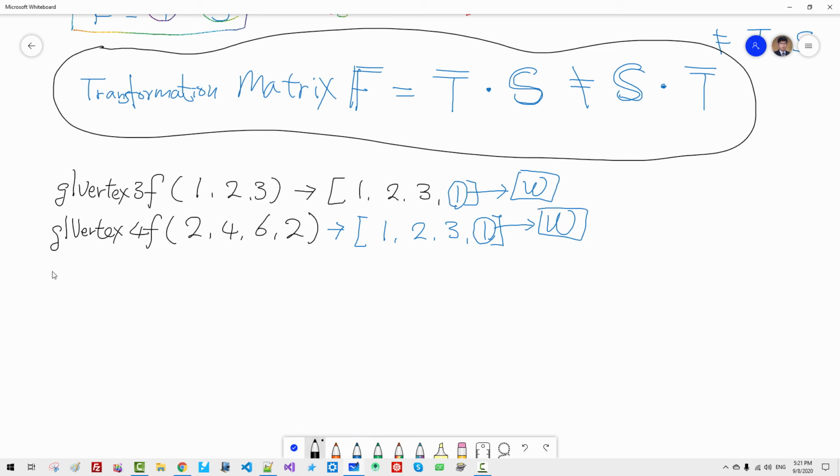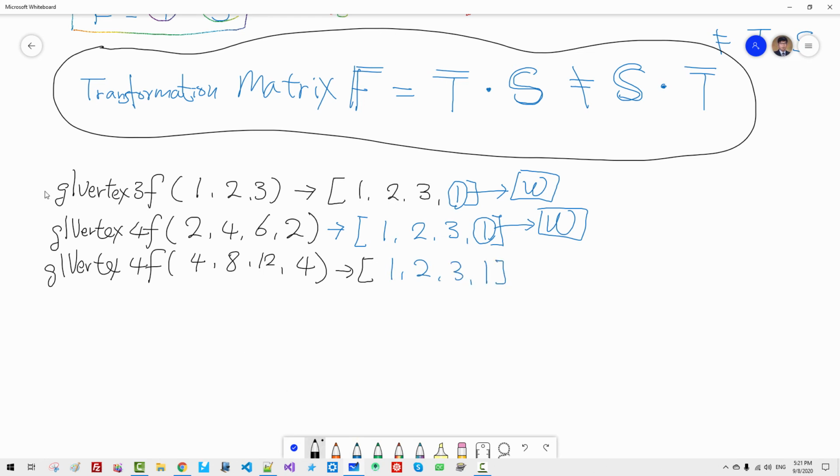If you specify glVertex4f 4, 8, 12, 4, then OpenGL internally generates 1, 2, 3, 1.